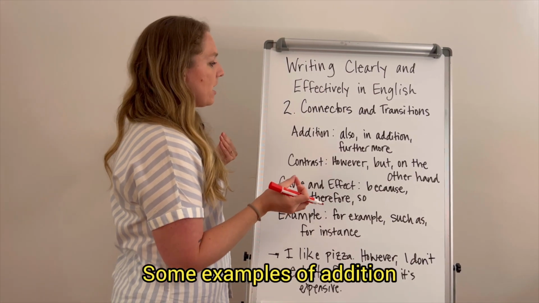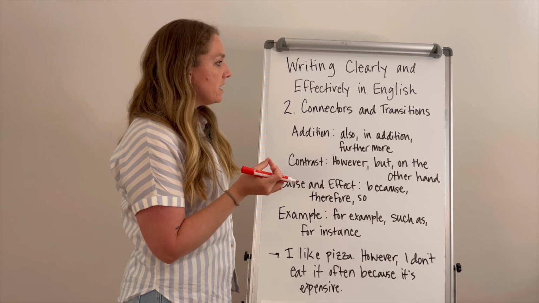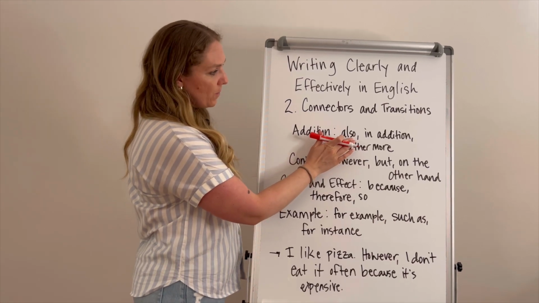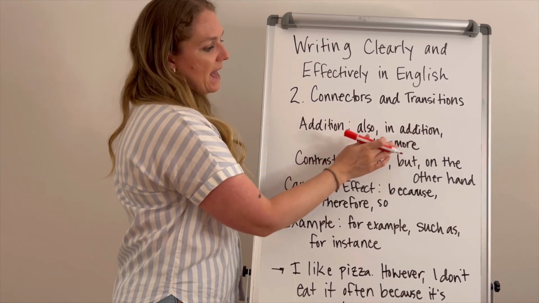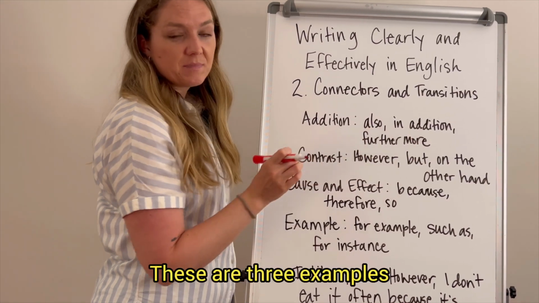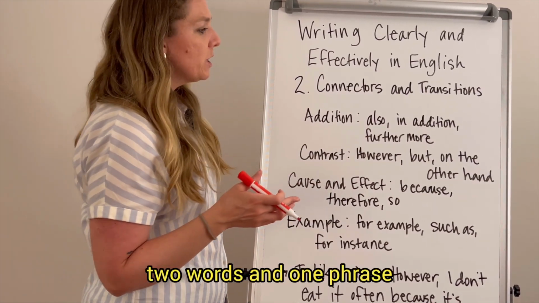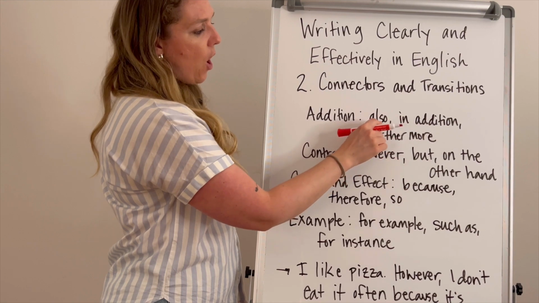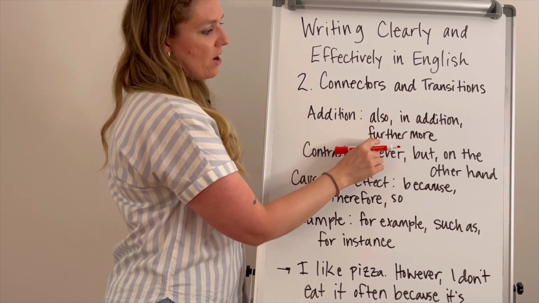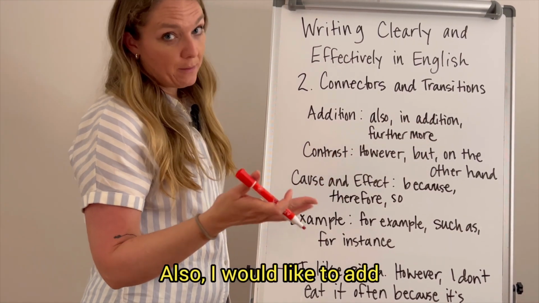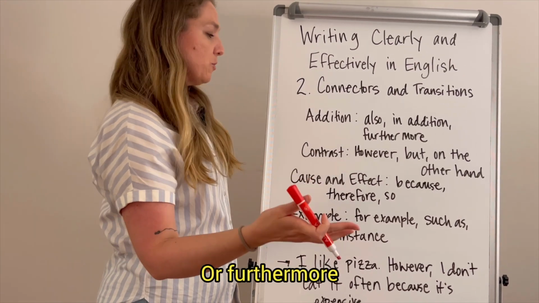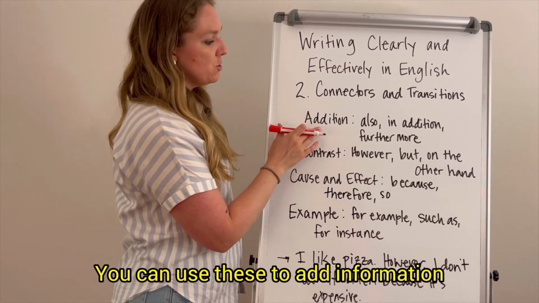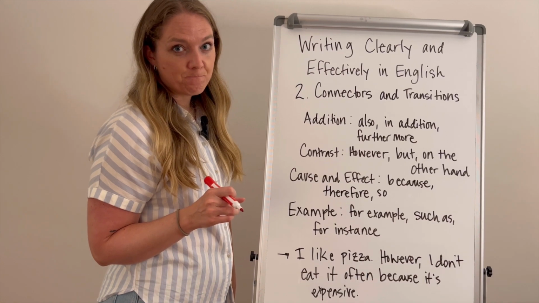Some examples of addition transition words are also, in addition, and furthermore. These are 3 examples, 2 words and 1 phrase. Also, in addition, furthermore. Also, I would like to add, or furthermore, you can use these to add information.